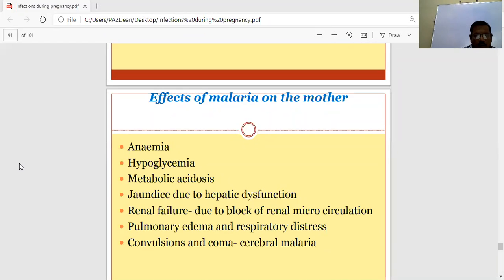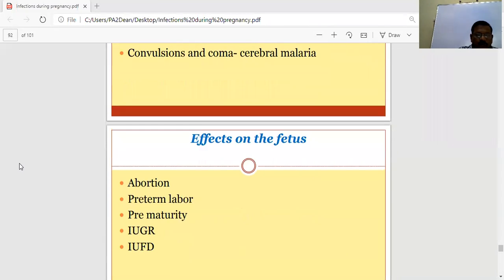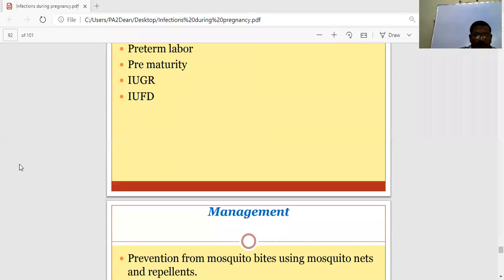Convulsions and coma can occur in case of cerebral malaria. The effects of malaria on the fetus are abortion, preterm labor, prematurity, intrauterine growth retardation, and intrauterine fetal death.